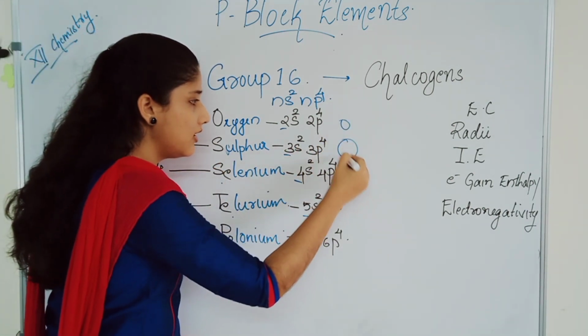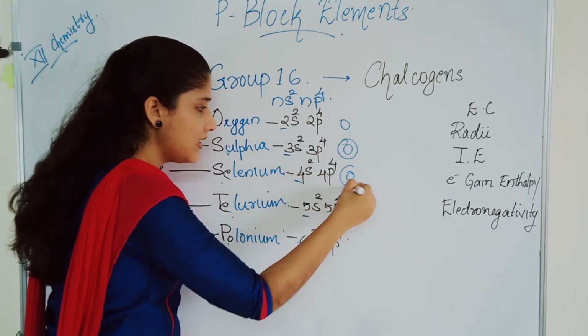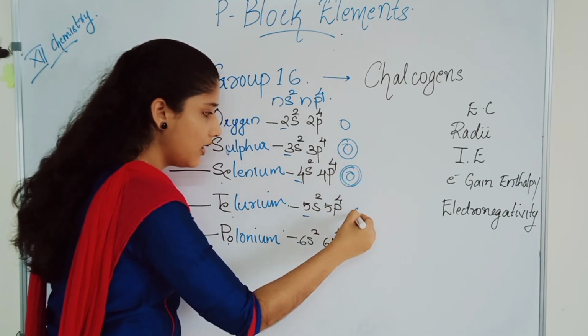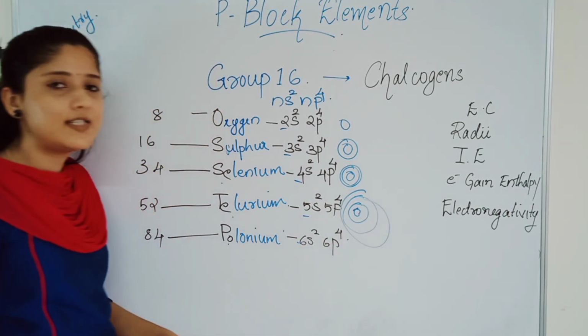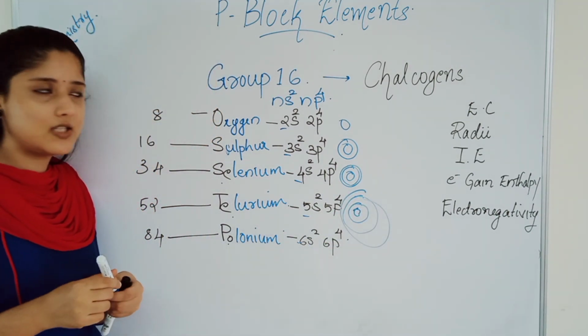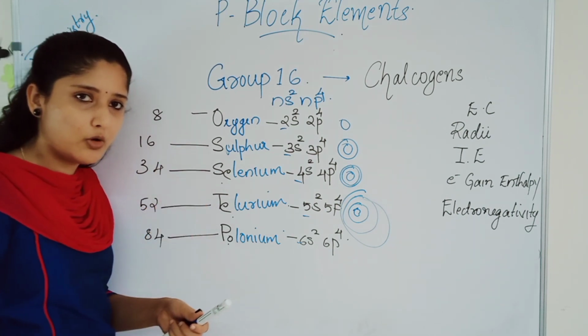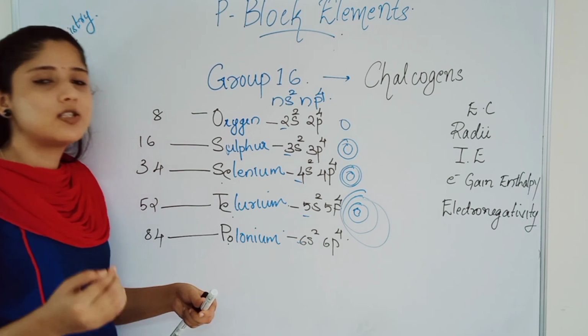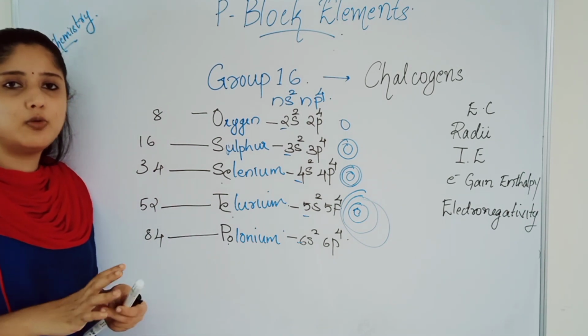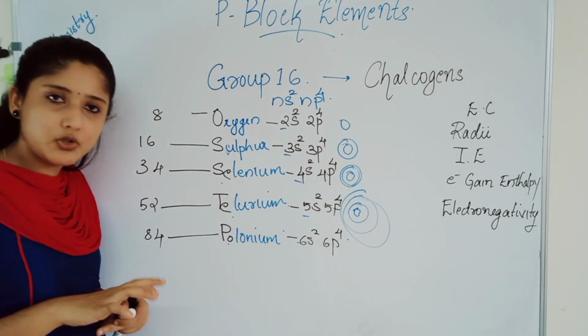And also the size increases, or we can say atomic radii increases from top to bottom. As the nuclear charge increases from top to bottom, the number of shells also increases.